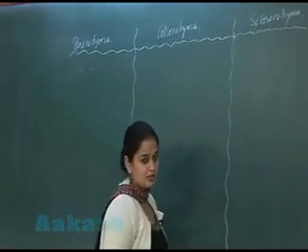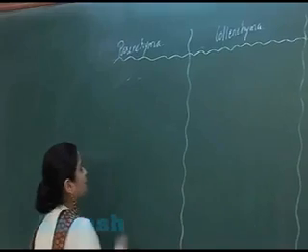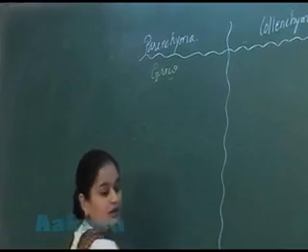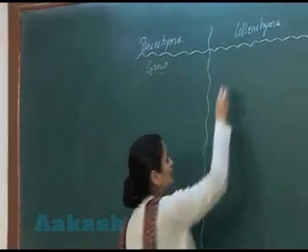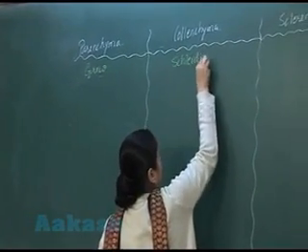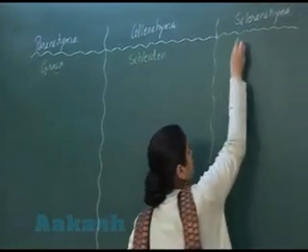The term parenchyma was given by the scientist Grew, collenchyma by Schleiden, and sclerenchyma by Martinus.